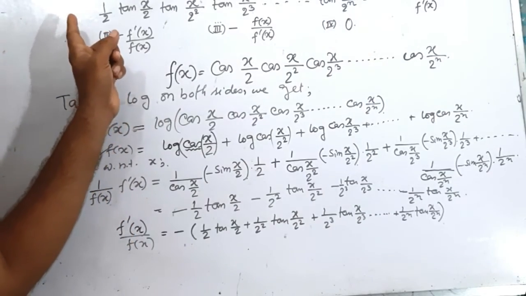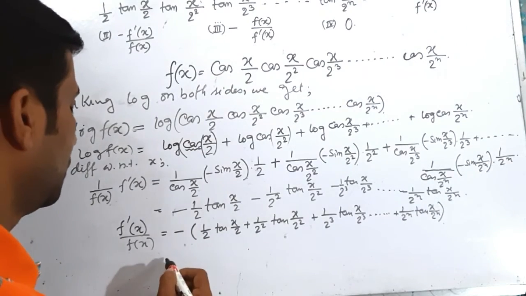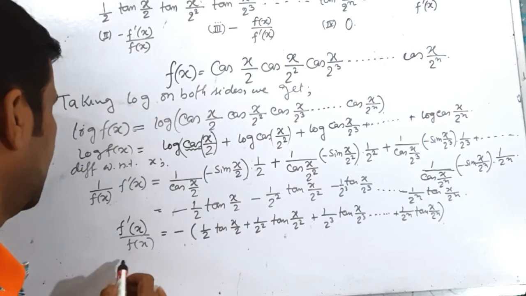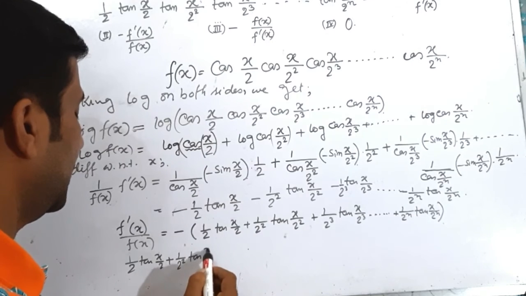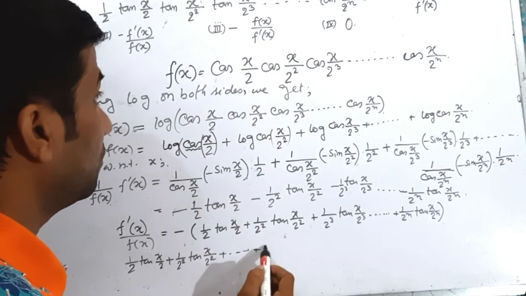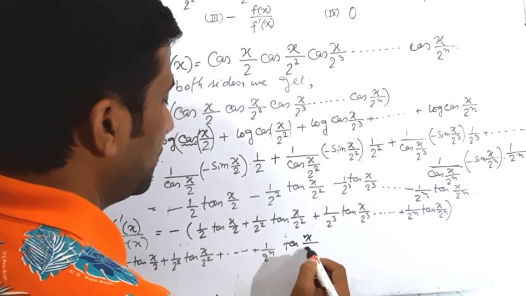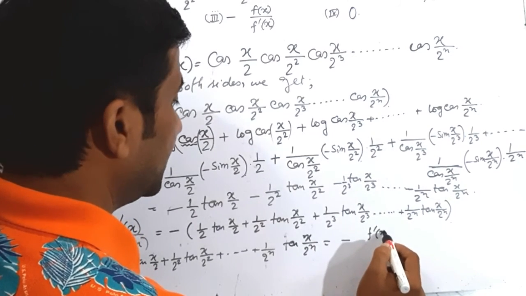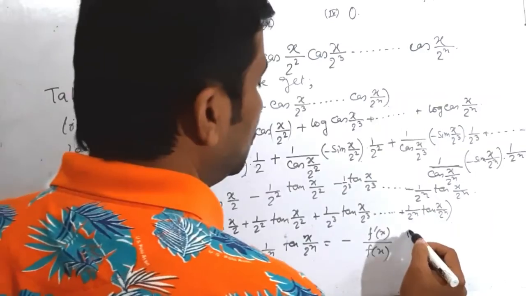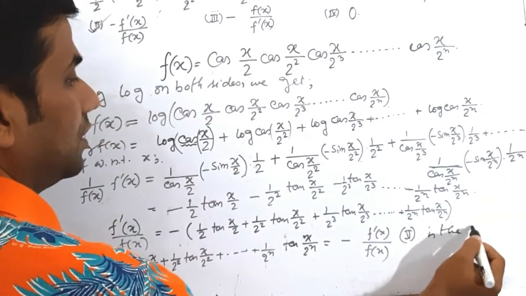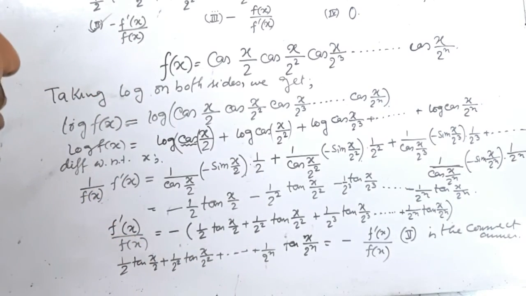Then our required answer, half tan(x/2) plus 1/2² tan(x/2²) plus ... plus 1 by 2ⁿ tan(x/2ⁿ), is equal to minus f'(x) by f(x). So 2 is the correct answer. Okay.